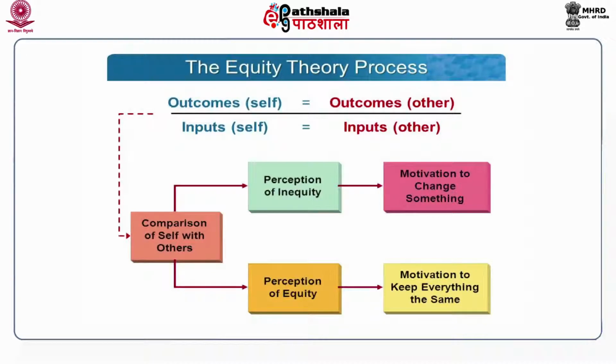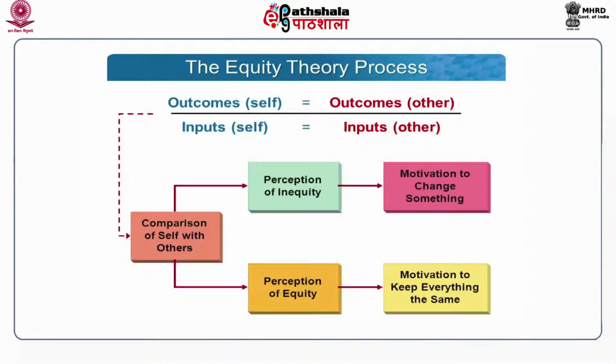It explains that there are the inputs and outcomes which are based on self, and on the other side there are inputs and outcomes of the others. In the equity theory process, there is comparison of self with the others.